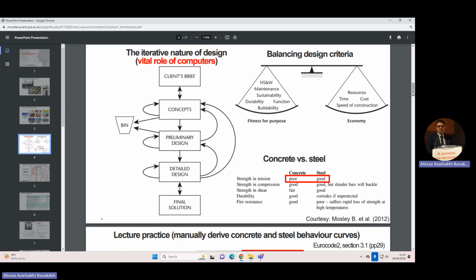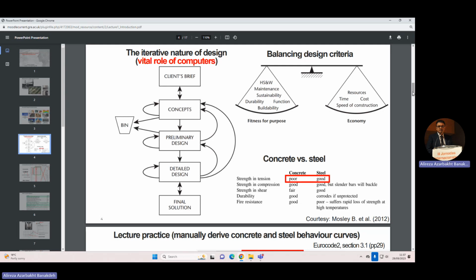And for durability, concrete is really good. Steel, not bad, but corrosion is a problem. And for the fire resistance, again, concrete is awesome and steel is poor. This is very important, fire resistance.